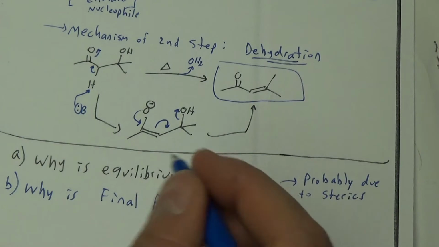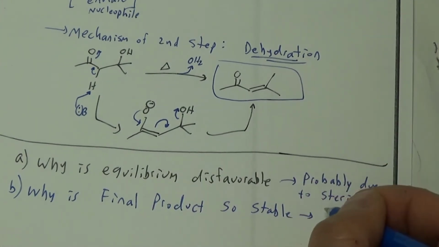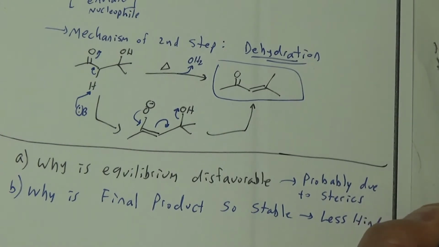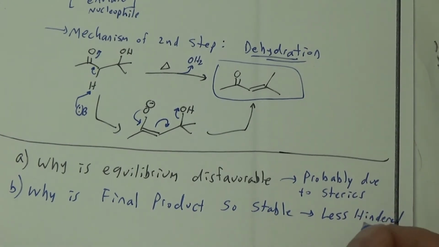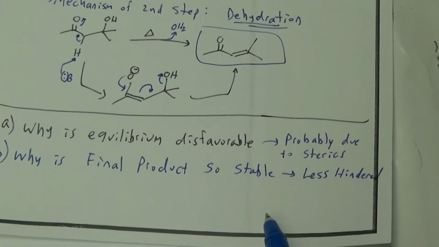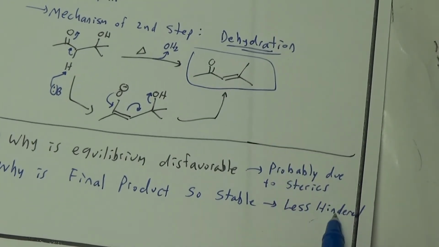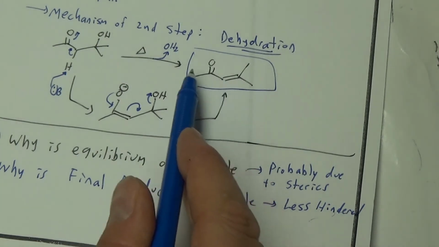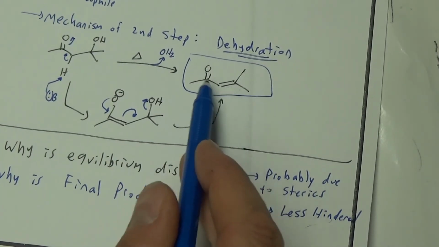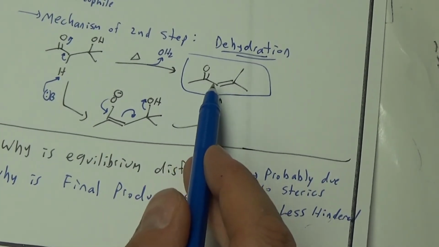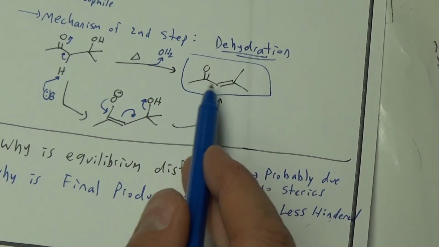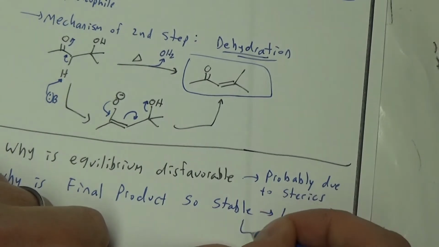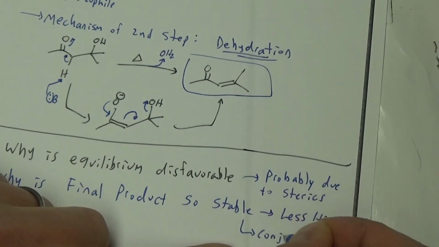So probably two reasons. It's less hindered. That's one. I think the more important thing, though, is not the hindrance. It's the conjugation, between the ketone and the alkene. Like you have two functional groups that are next door to each other, right? And that's a favorable interaction, right? So it's less hindered and it's conjugated. That's the word we use. Conjugated.